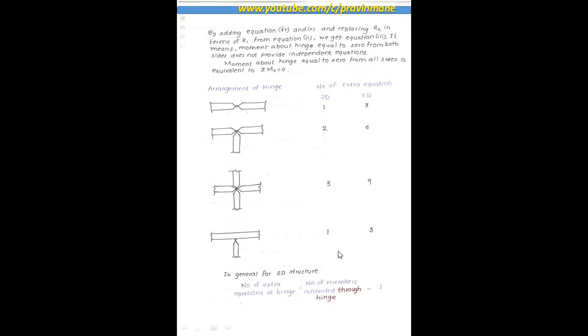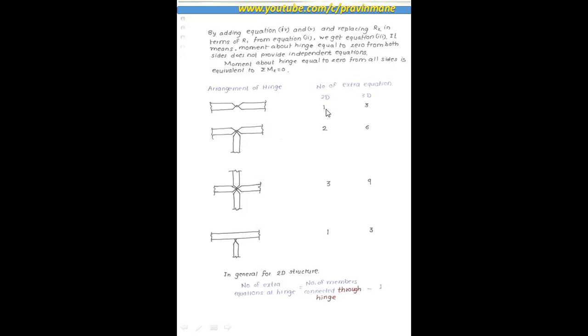Then the arrangement of hinge, number of extra equations. If there are 2 parts and there will be a hinge, so this will be the arrangement of hinge. If an internal hinge connects 2 parts, this part 1, part 2, then there will be one unknown, one extra equation.